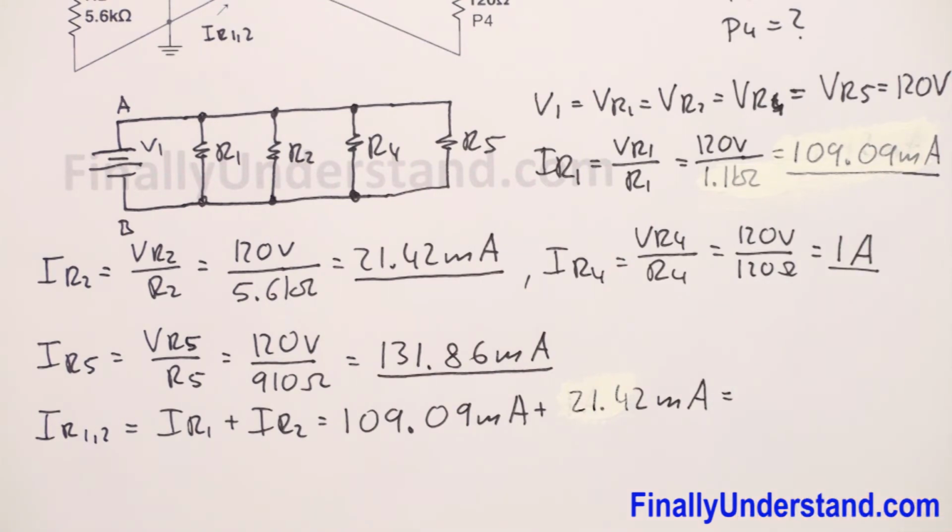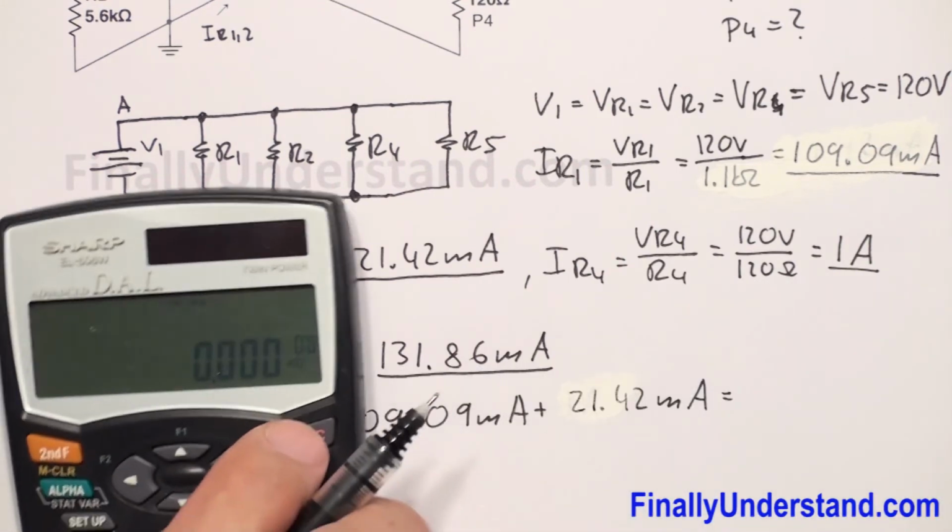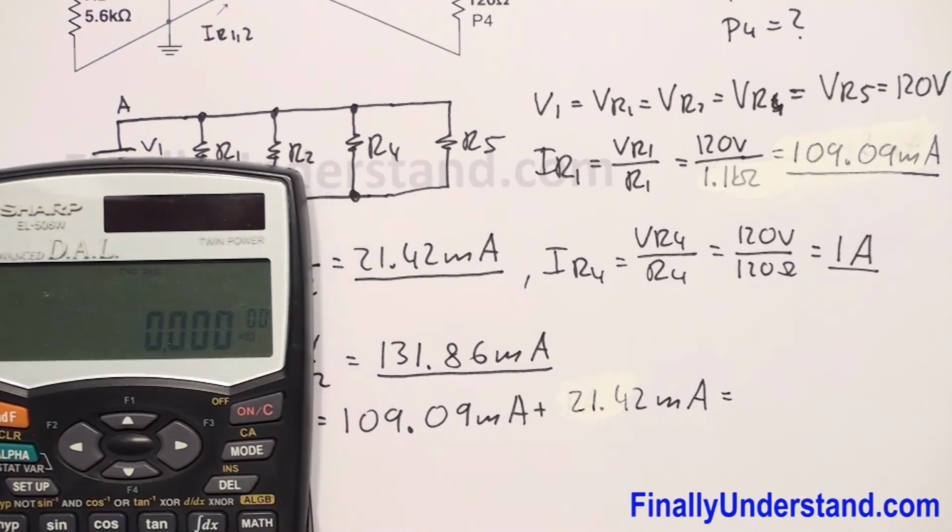You can use the calculator. We have to practice the calculator. So we have 109.09 times 10 to the power negative 3 plus 21.42 times 10 to the power negative 3.